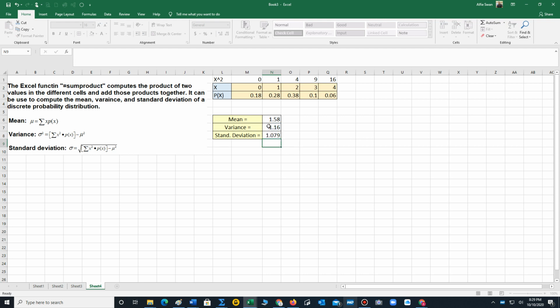Hit enter. And let's round to 2 decimal places using the decrease decimal button. We now have the values for the mean, variance, and standard deviation. This video has now concluded.